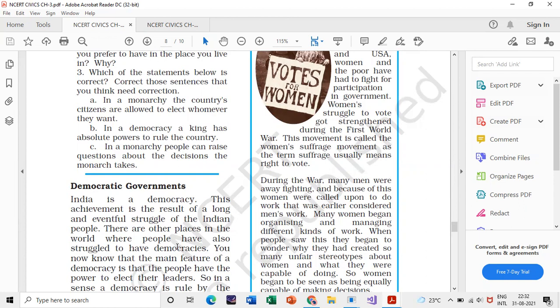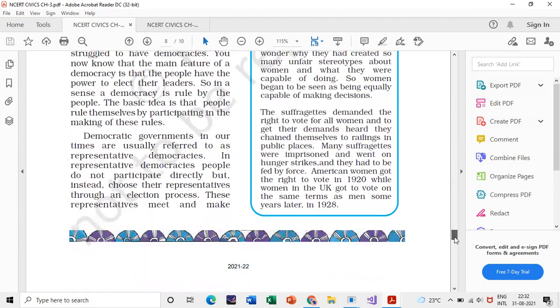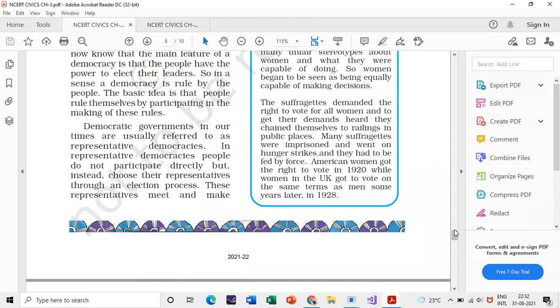As you know the answer: in India, the government is selected by the people. All of you know the answer, but this is very important. Then underline the words representative democracy. What do you mean by representative democracy? It's a very short answer type question. You can write like that: democratic governments in our country are referred to as representative democracy.